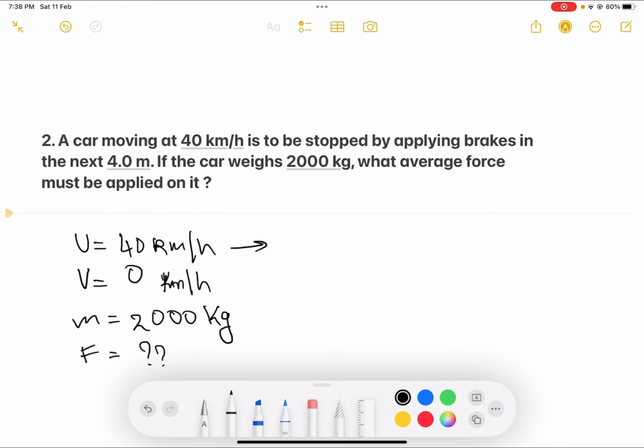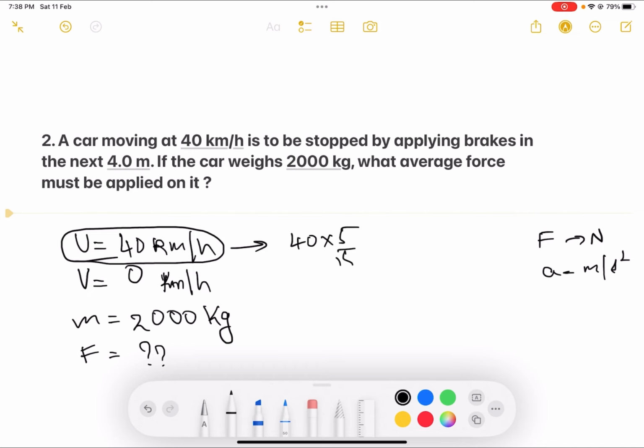Now we know that when we calculate force in newtons, the acceleration is always in meter per second square. So this initial velocity is in kilometer per hour, which we need to convert into meter per second. So 40 into 5 by 18 will give us the speed in meter per second.